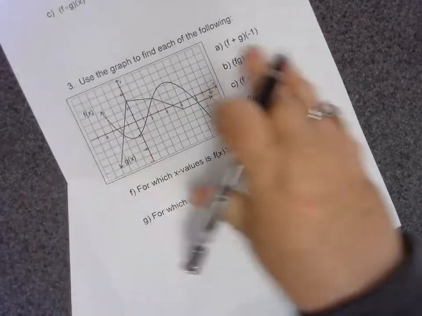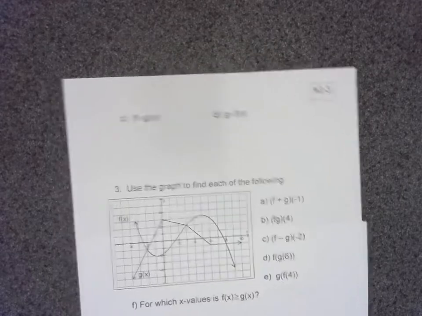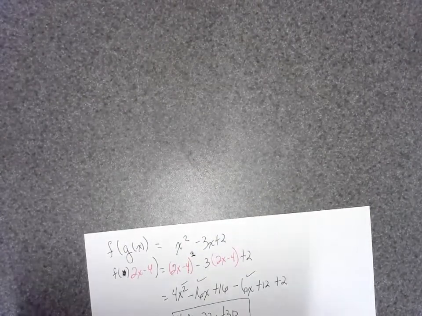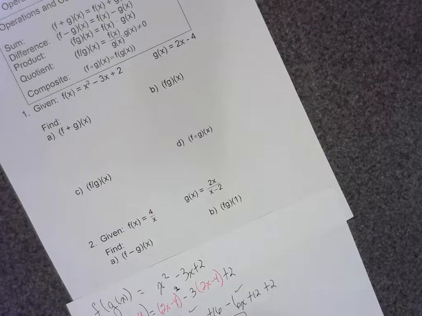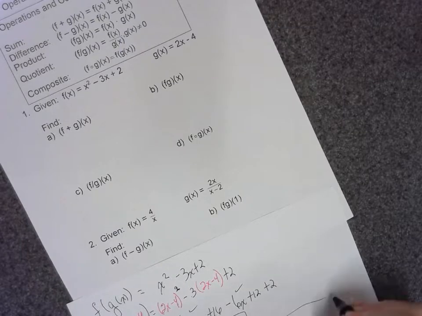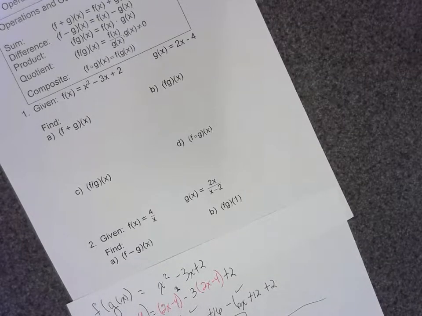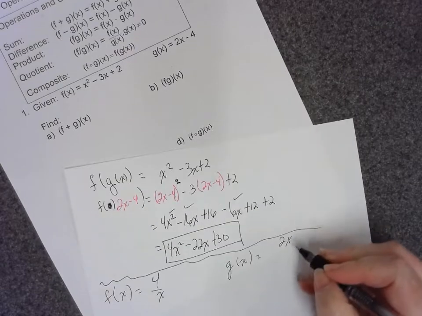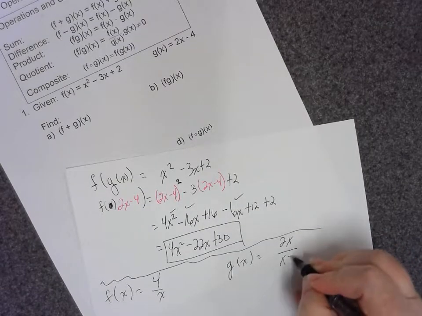Over here on the back side, we've got c, f of g of x and g of f of x, but our functions changed. Let's write those down. In this case, f of x equals 4 divided by x, and g of x equals 2x divided by x minus 2.